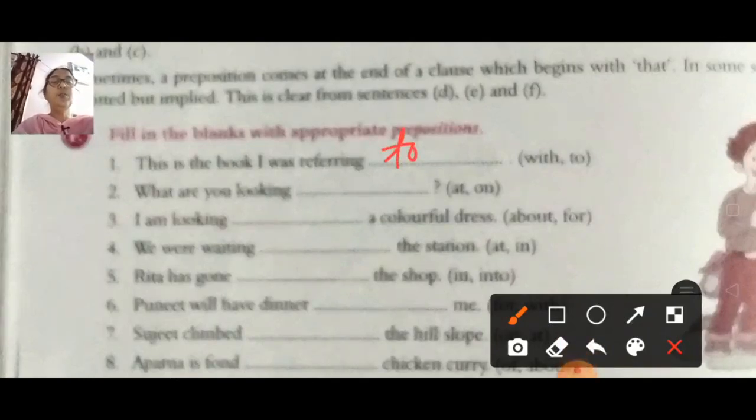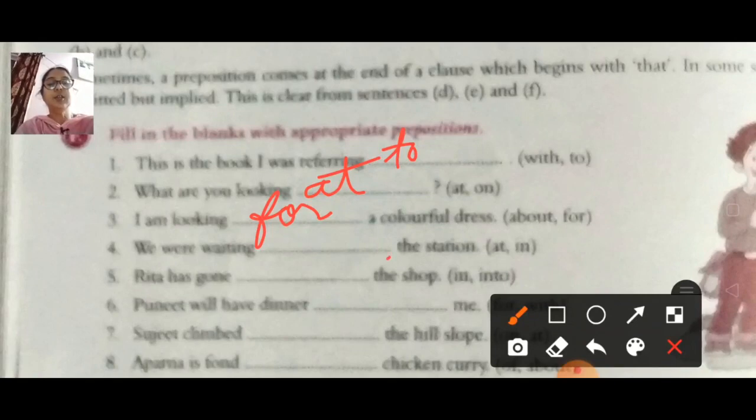What are you looking at? I am looking for a colorful dress. Now we were waiting at the station.